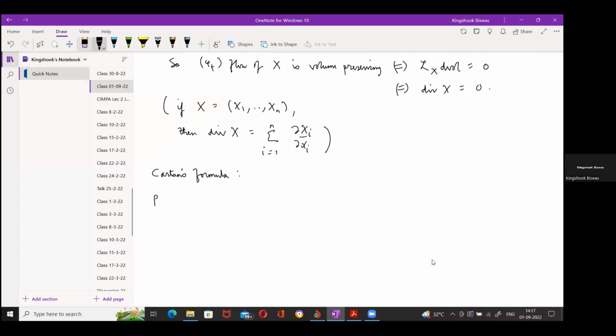So first we take a vector field X on our manifold M, and then we take phi t is the flow of X, and then we take the prism operator P associated to the flow.